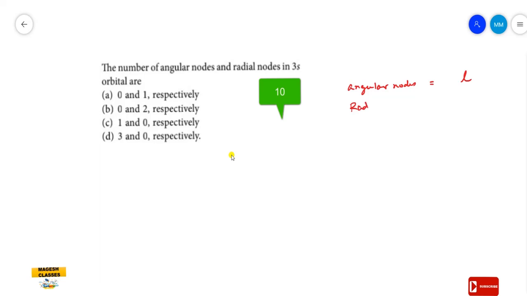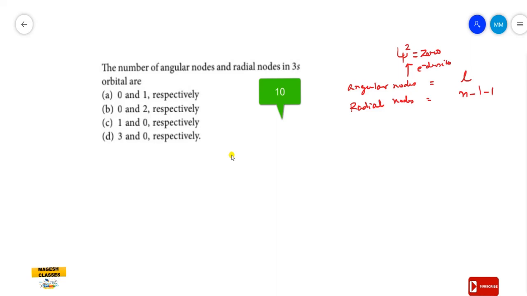And the radial nodes are given by the formula n minus l minus 1. So this is the formula to find the nodes. A node is a point or space in which the probability of finding the electron is 0. That is, the probability of finding the electron is given by psi squared, and its value is 0. So at a node the electron density is equal to 0.